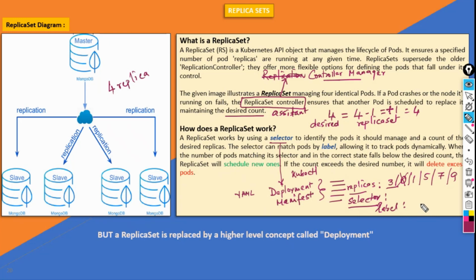Let's say I have made the label MongoDB. So what is the label of the pod? The pod has been labeled this way because I need a label so that I can use a service, which is another manifest file, to access this label. That means all the replicas having the pod label MongoDB will be accessed by this service.